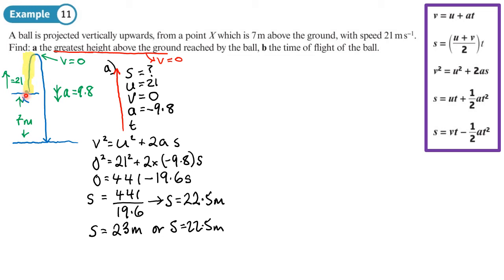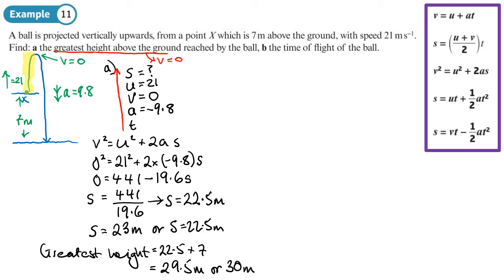The greatest height, well, we need to add 7 because it's already 7 above the ground. So greatest height, and I imagine some students would forget to add the 7 on, would be the 22.5 plus 7. So we can have 29.5 meters if we're going to give our answer to 3 significant figures, or 30 meters if we're going to give our answer to 2 significant figures.